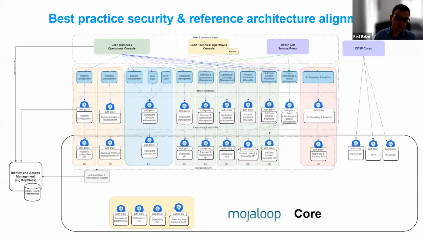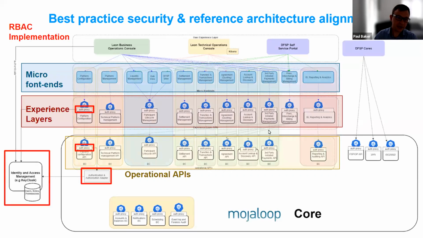And on top of that, we need to add in our RBAC implementation following some best practice security. This is our auth proxies sitting on both the experience layers and the operational APIs. We've got an adapter within the core module that's going to facilitate a lot of that.